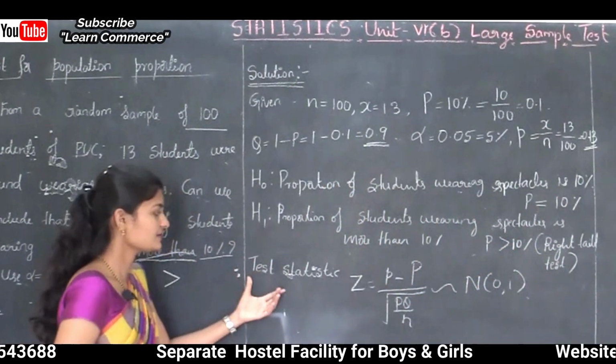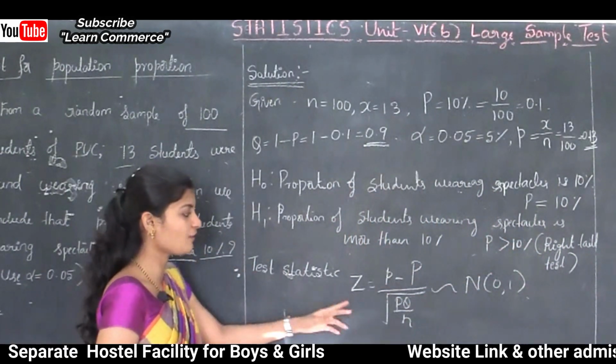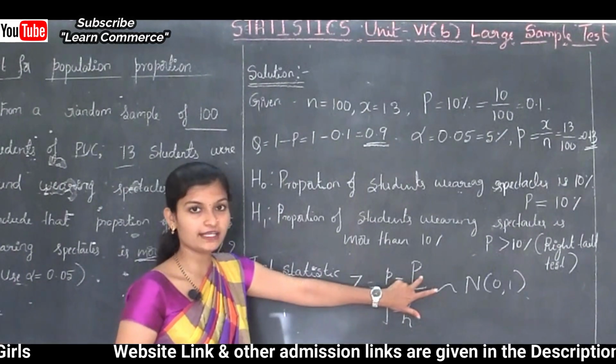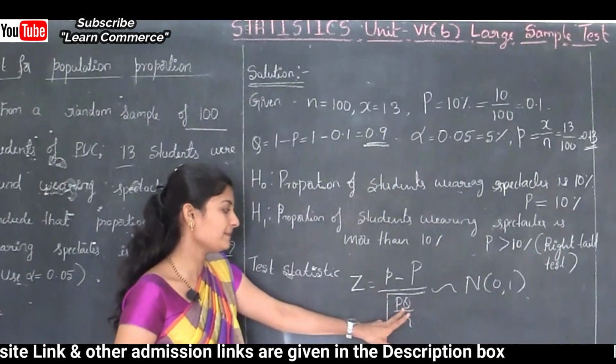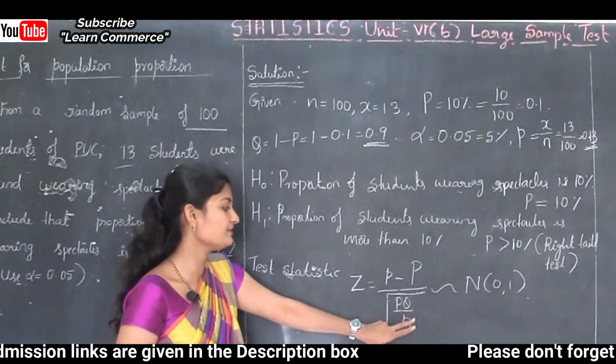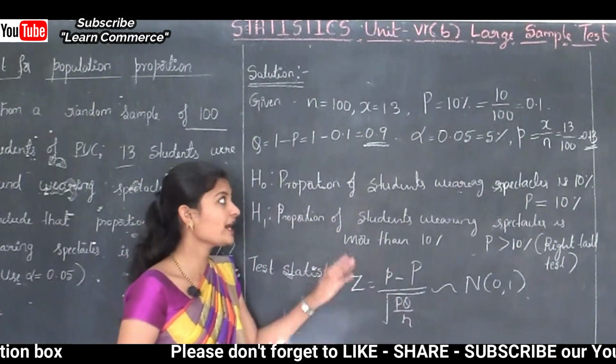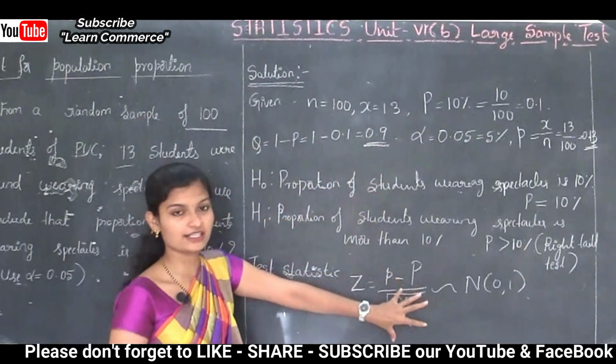Okay, now step 3, that is the test statistic. The formula is Z equal to small letter p minus capital letter P divided by square root of PQ, both capital letters, divided by small letter n, which follows normal 0, 1. Now I will substitute all the observations in this formula.